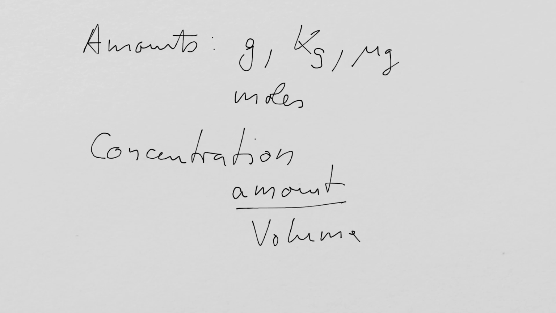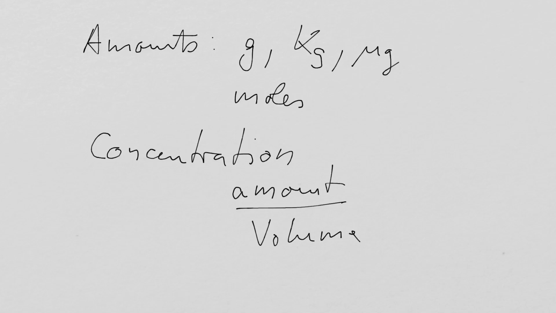So I can, for example, say the concentration of students in this room is about 250 students per 100 cubic meters. So the cubic meters is the volume, and the 250 students is the amount. Make sense? Pretty trivial.